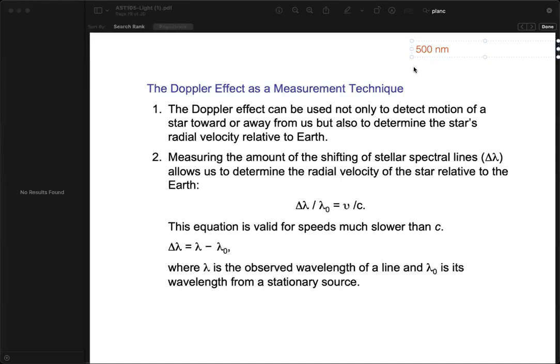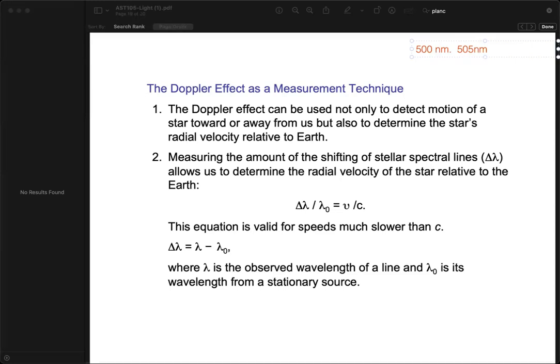But we are looking at this particular star, and it is showing that same line shifted. It is at 505 nanometers now. So first, let's look at this and determine if it's a red shift or a blue shift.